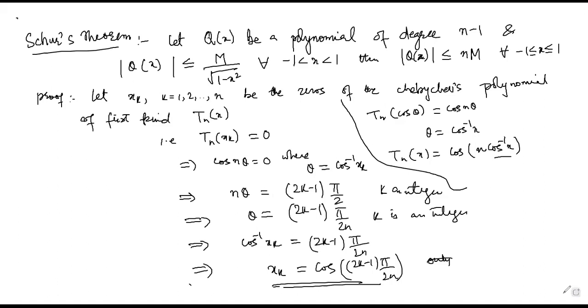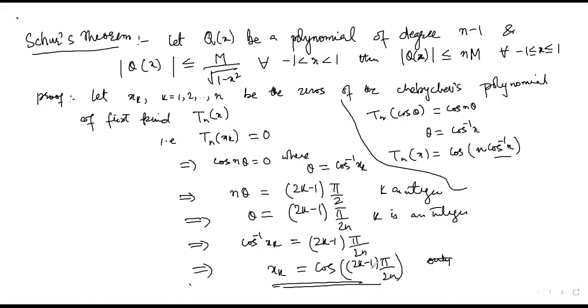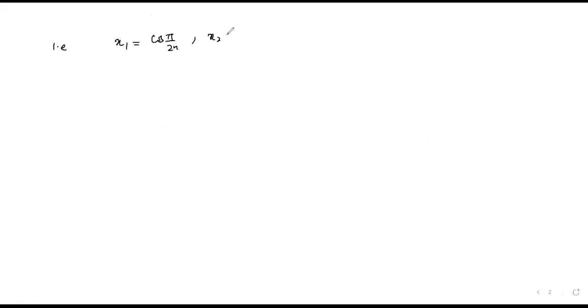That is, I can write the zeros as: x_1 equal to cos of pi by 2n, if I give k as 1, it would be 2 minus 1. Similarly, x_2 would be equal to cos of 3 pi by 2n. Continuing like this, the last one would be cos of (2n minus 1) pi by 2n. This would be x_n.